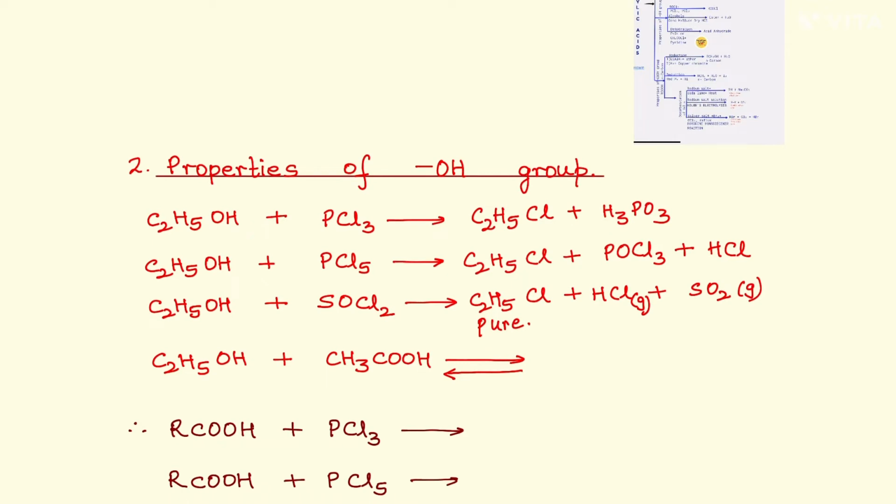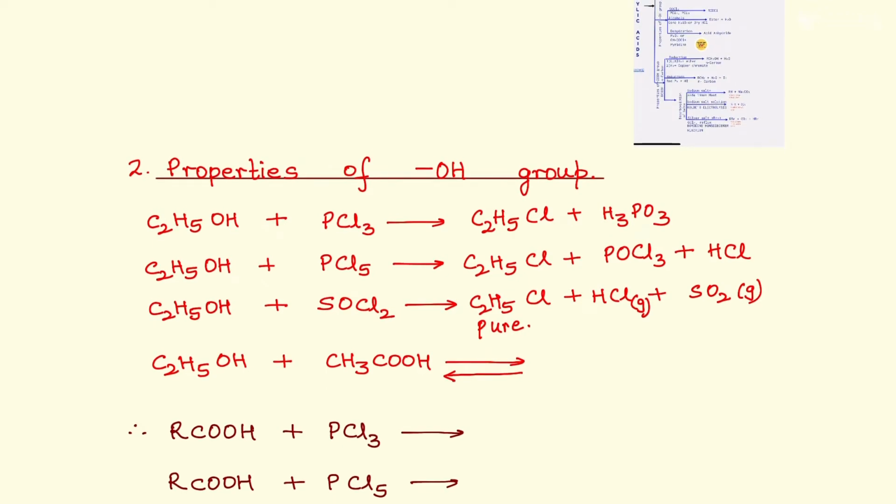Next is the esterification reaction. So we had CH3COOC2H5 plus water. If you remember, this reaction is reversible and we carry it out in the presence of a concentrated acid. So these were the properties of the OH group as studied in the case of alcohols.